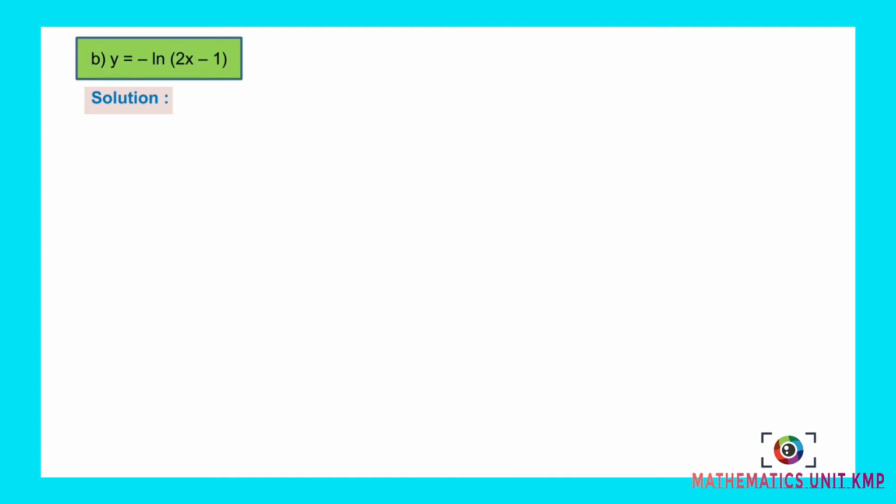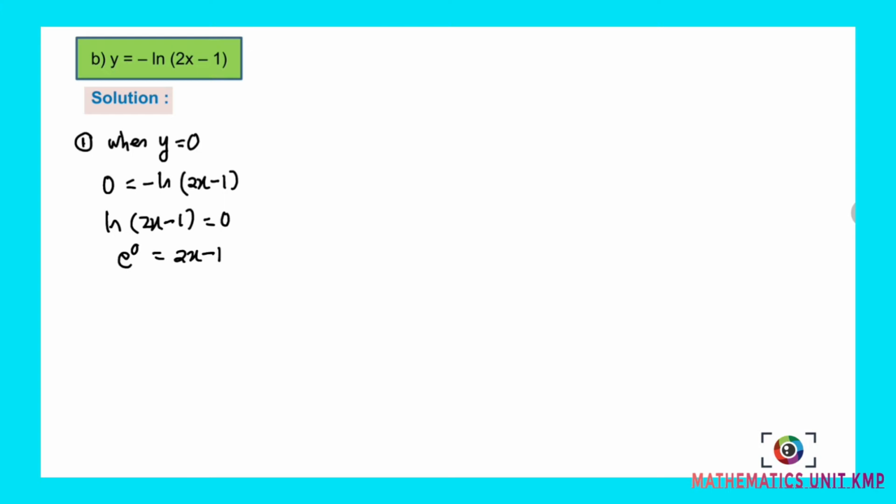y equals to negative ln(2x minus 1). The first step, when y equal to 0. So 0 equals to negative ln(2x minus 1). ln(2x minus 1) equal to 0. Then e power of 0 equals to 2x minus 1.